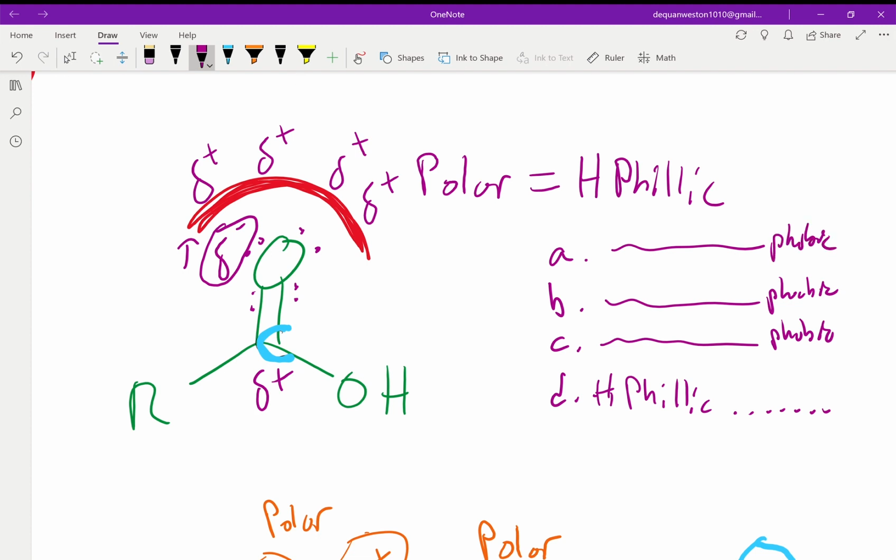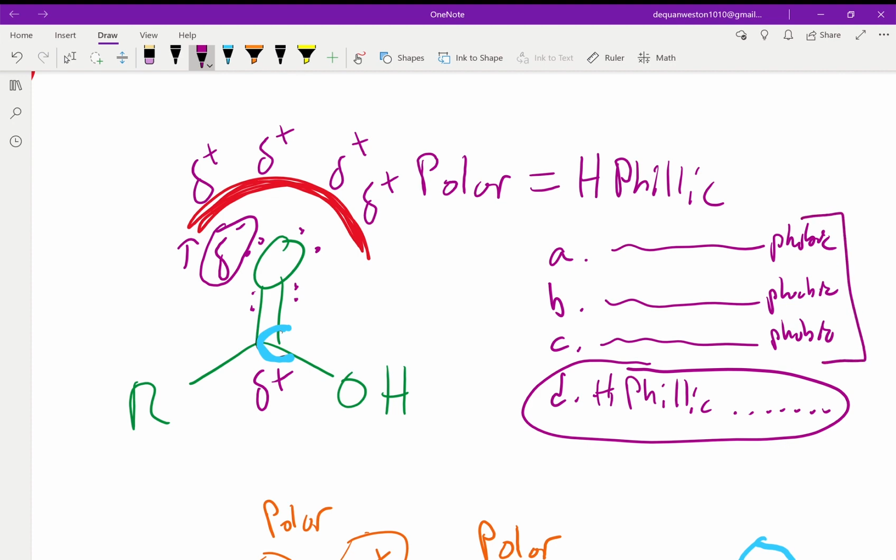So here's a way where test taking skills can save you a lot of time, possibly a headache, so you can spend more time on the more involved questions. Right off the bat, you know this is polar, therefore it's hydrophilic. There's only one answer that's hydrophilic. So because there's only one answer that's hydrophilic, you know right off the bat that's the only correct answer. None of these could be right because it's not hydrophobic.